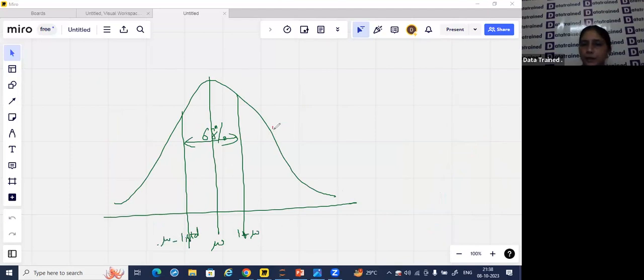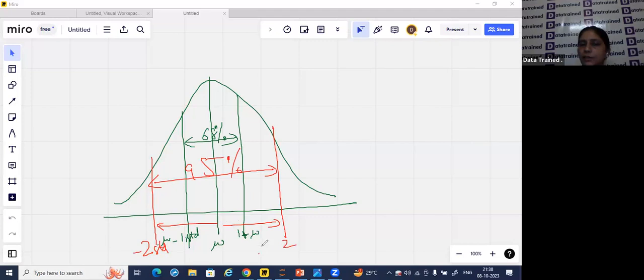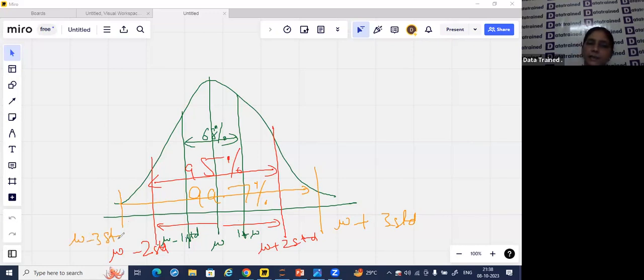And 95% of the data lies up to 2 standard deviations away from the mean, mean plus 2 standard deviations and mean minus 2 standard deviations. And 99.7% of the data lies between mean plus 3 standard deviations and mean minus 3 standard deviations. So up to here, the data are lying.